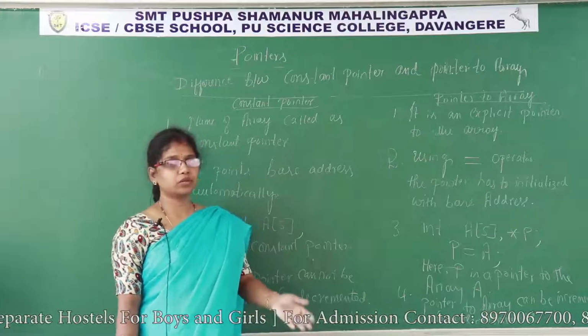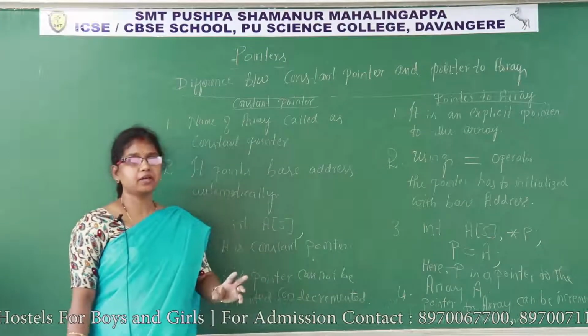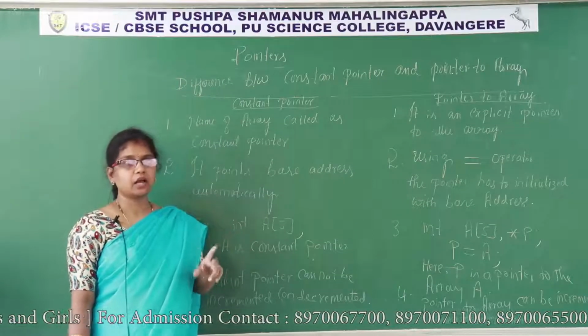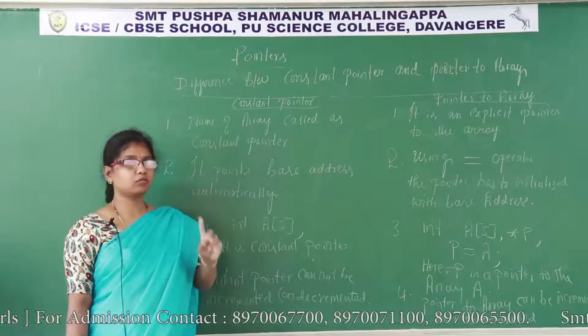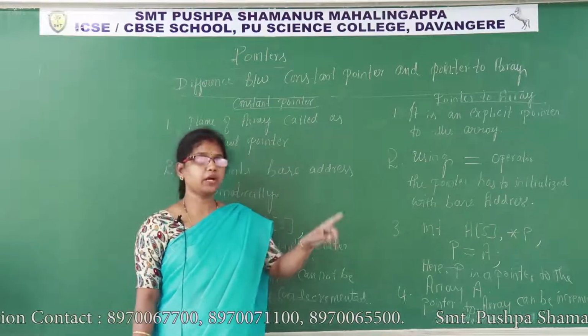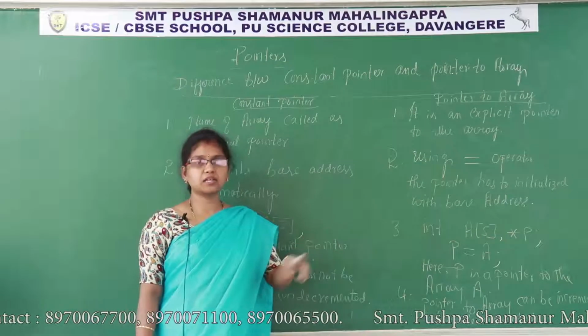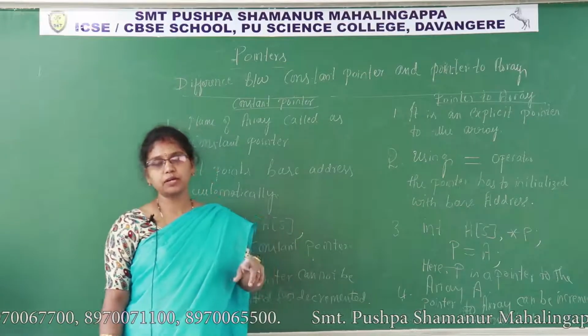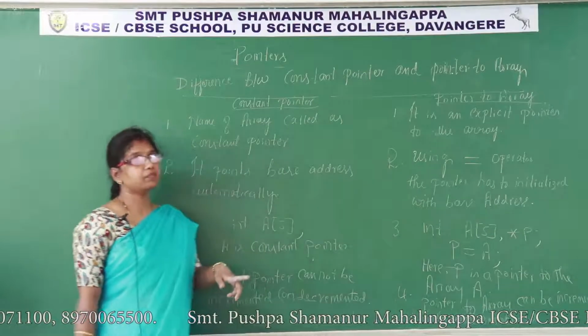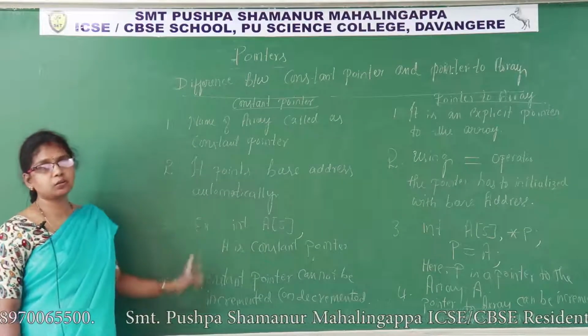The code we had written there was: for P = A; P < A + N; P++. What you have to observe here is P++. P is a pointer to array, and ++ is an increment operator. So we incremented P, that is, the pointer to array. It is possible, but we cannot increment a constant pointer.